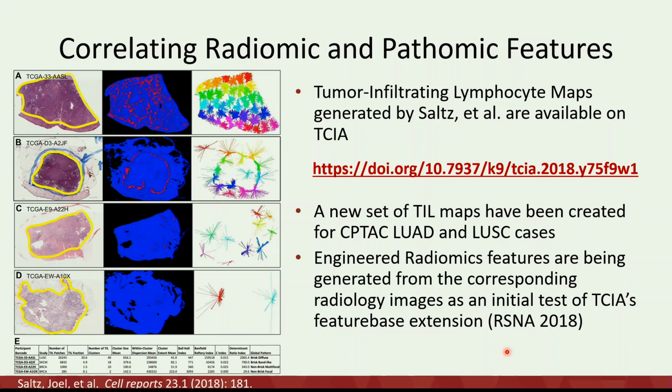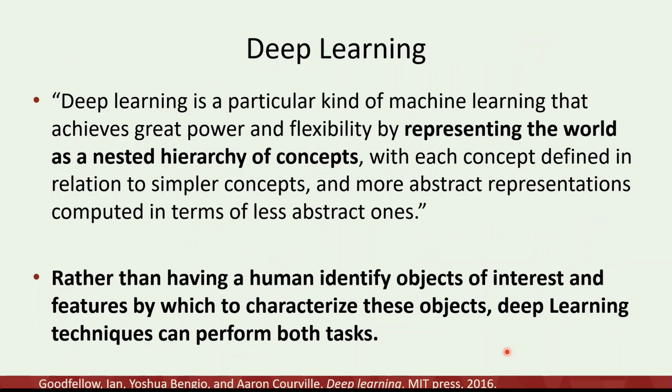But we moved on from this engineered feature space to the next level, which is using deep learning, again, algorithms that have been around for a while, where we have the ability to learn the features as well as doing the classification. So in the engineered features, we need a lot of help from a radiologist.